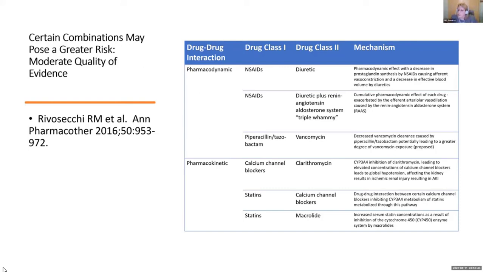So I didn't say colchicine. In this particular case, I was talking about clarithromycin and calcium channel blockers. So I hadn't used the word colchicine. Although colchicine is getting more attention for its potential for acute kidney injury, you are correct. And when we're talking about these, there's certain ones such as simvastatin. So clarithromycin plus simvastatin would be of concern.